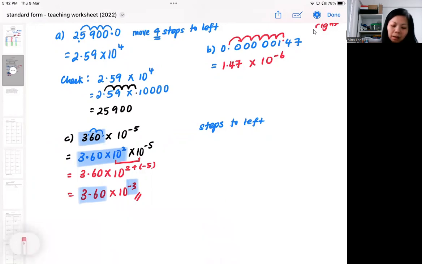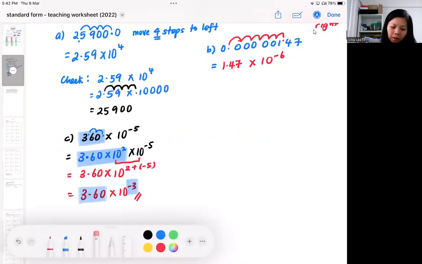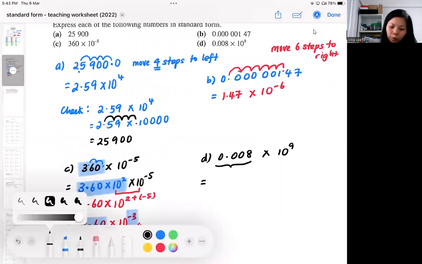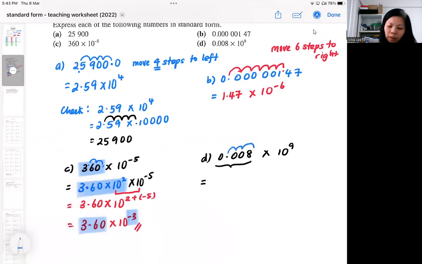Okay, so you target the number that is not in standard form. For example, the next one, 0.008 times 10 to the power 9. You target this number because this number is not in standard form. It's too small already. So you move the decimal place 1, 2, 3 to the right, and you get 8.0.